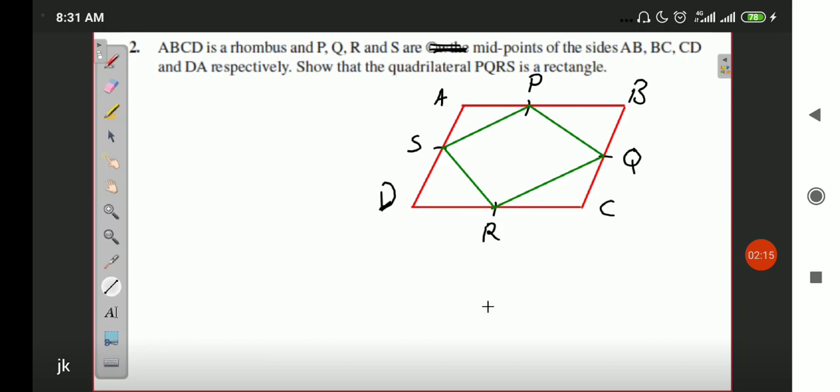There must be some mistake. I have drawn the figure incorrectly. It doesn't look like a rectangle. A rectangle will be somewhere here. Let me redraw it.